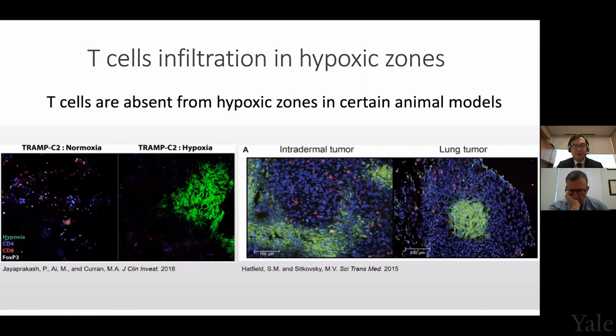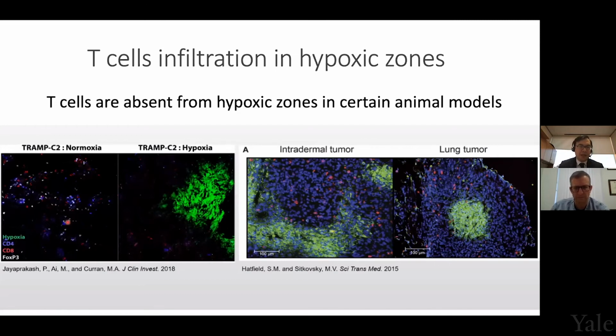It shows, in the area of the tumor analyzed, where the hypoxia is spatially located. And when you co-stain for T cells, CD4 and CD8, you can see that where the tumor is hypoxic, you basically have an absence of T cells.